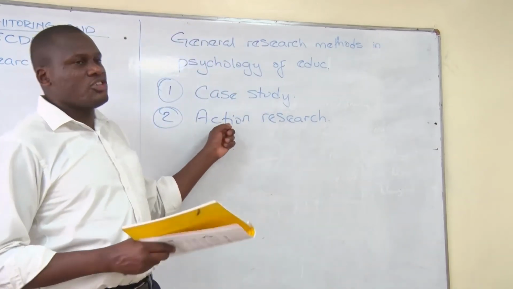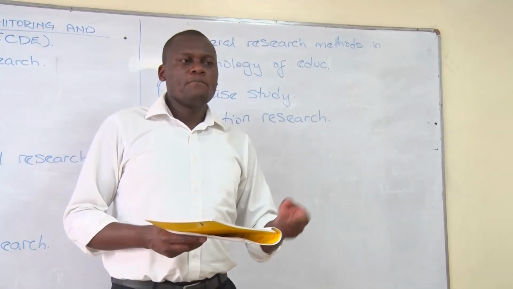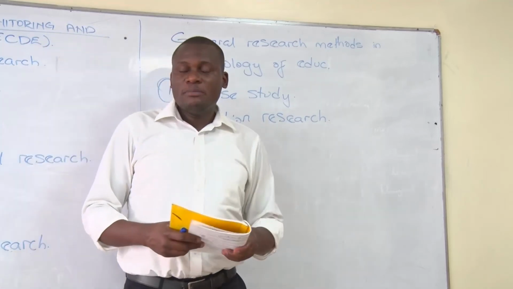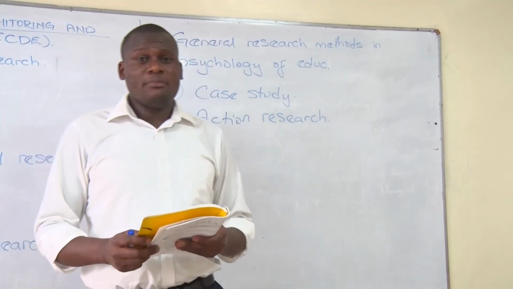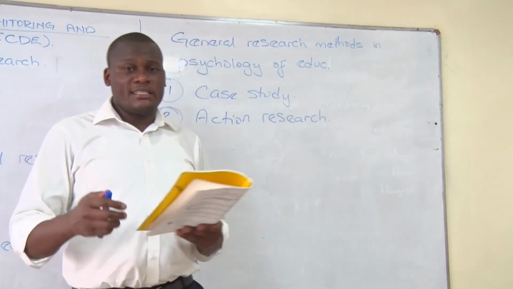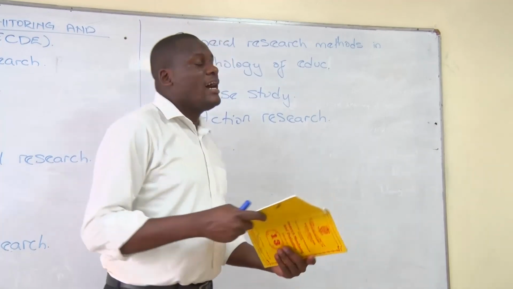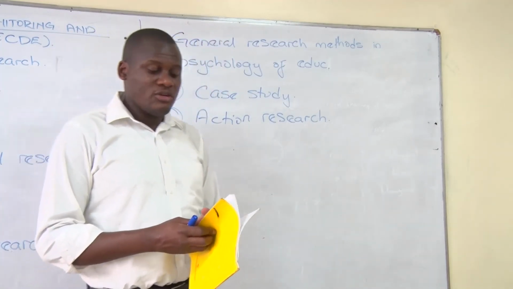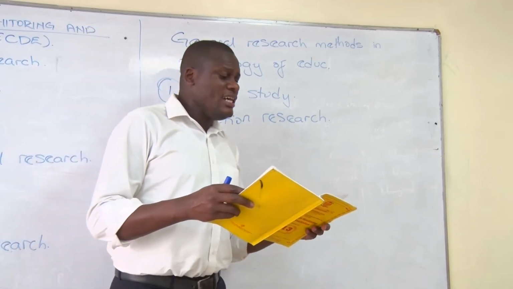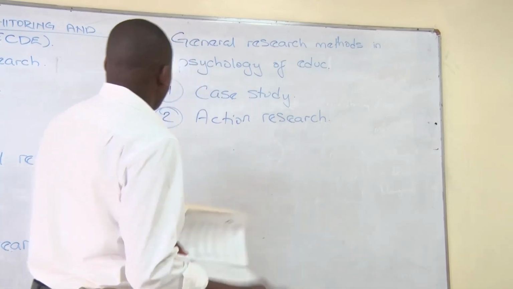That's why it's called action. You need to be in touch with the problem and come up with the solution at that given time. Depending on the problem which arises, you need to act. And when you act to find a particular solution, we call that action research.